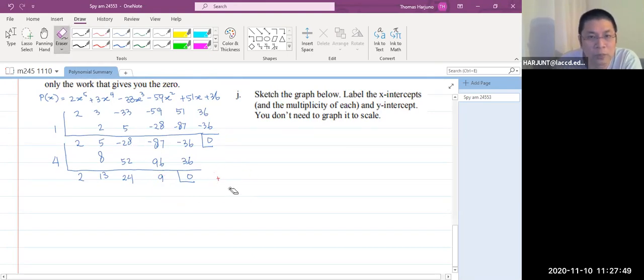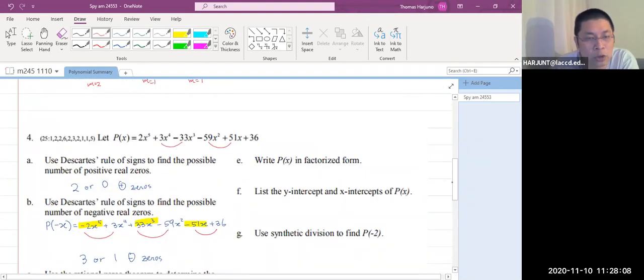In fact, more things to say. Notice that there's no variation of sign here. There's no variation of sign, which means no more positive 0 from here on. Now, if you look back to part A, how many positive zeros are supposed to have? 2 or 0, right?